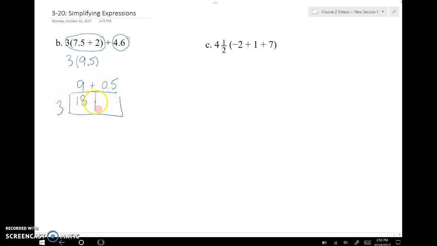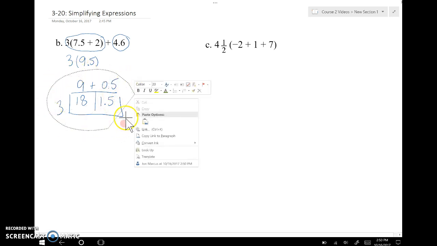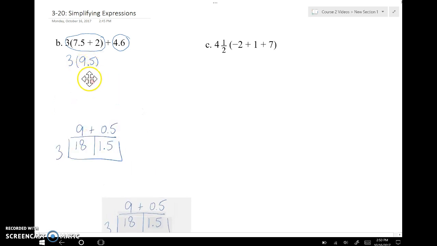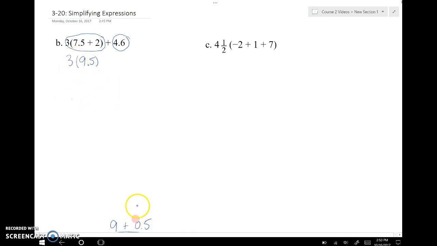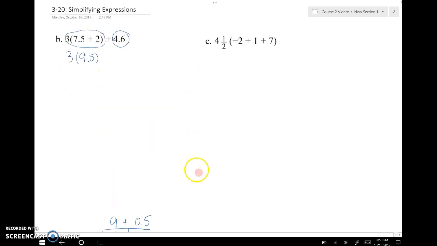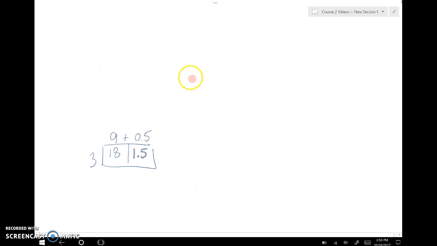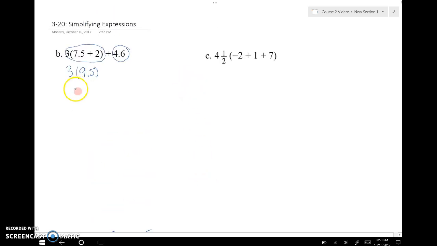And I know that 3 halves, so 0.5 plus 0.5 plus 0.5, 3 halves makes 1.5. So when I add those together, all right, so that's down there now. All right. So that is, when I add them together, that's 19.5.